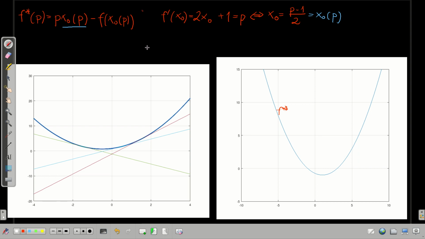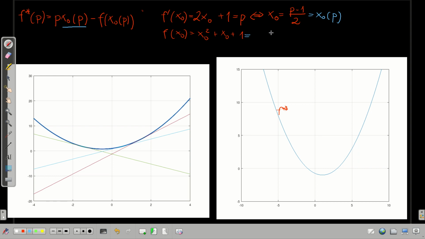And since we also know the function f, again f of x naught equals x naught squared plus x naught plus 1, we can calculate x naught from a given p. We can calculate also then f of x naught.